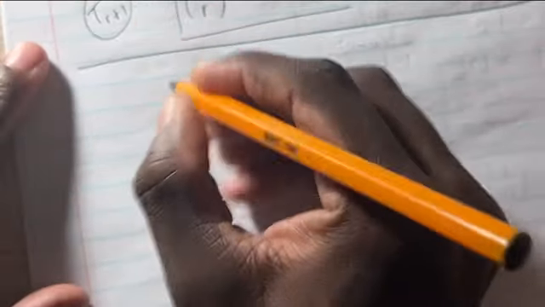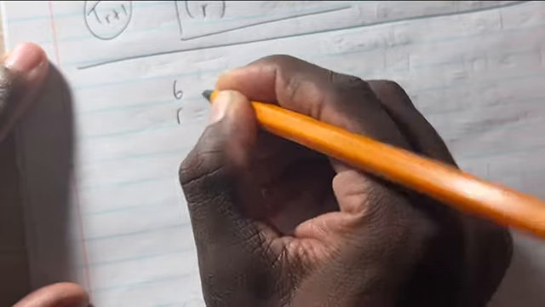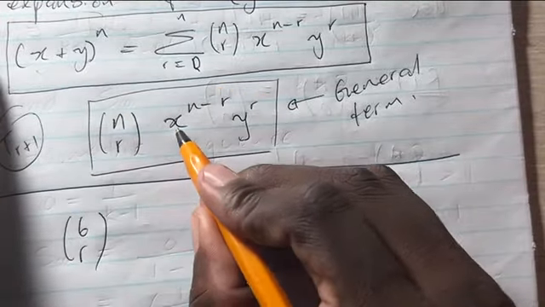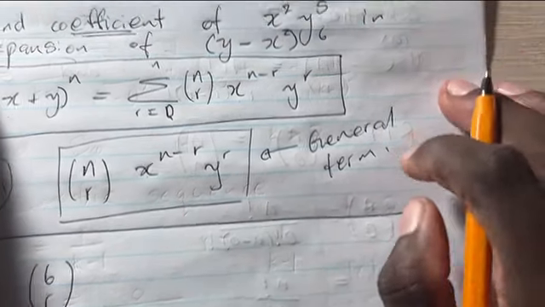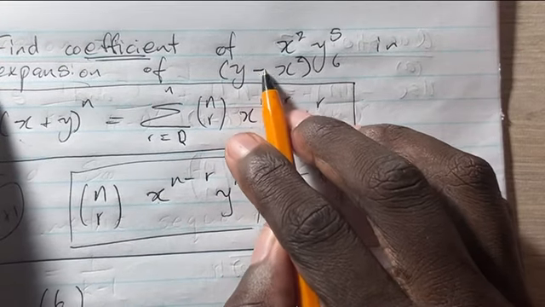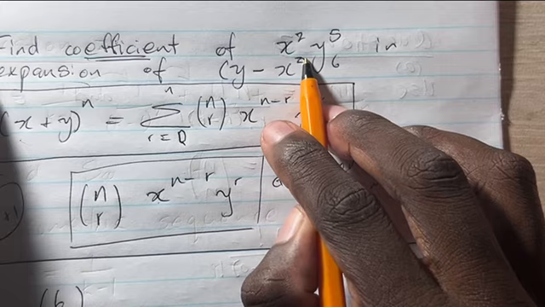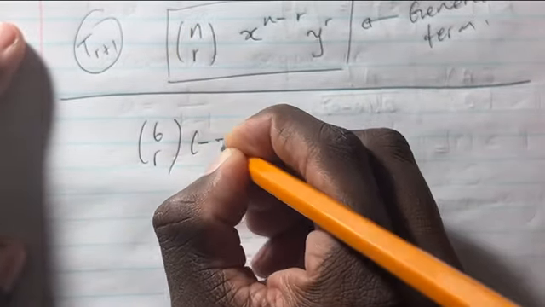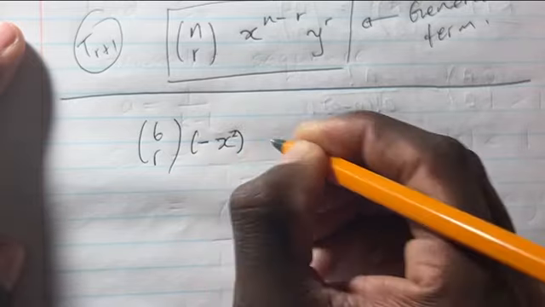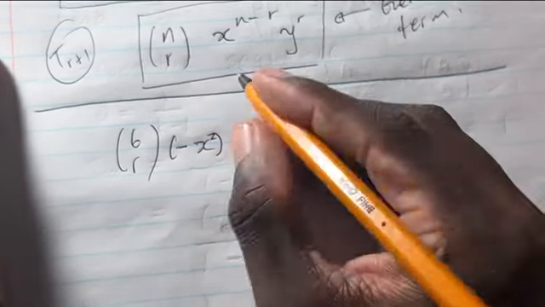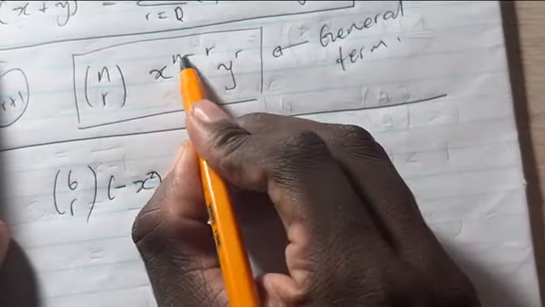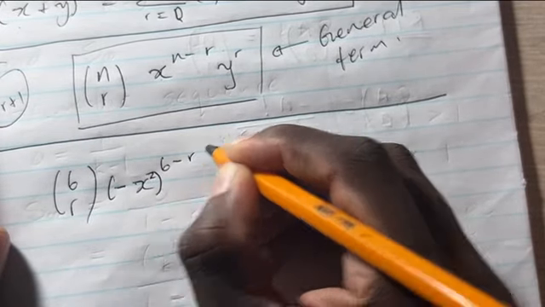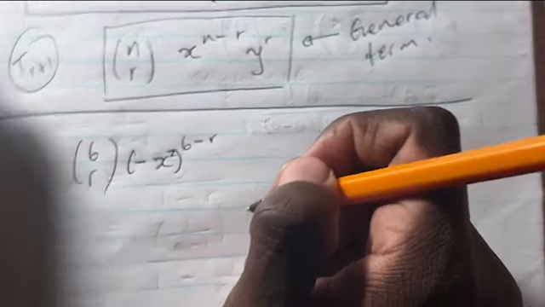So a general term for this specific question will be 6 choose R, of, let's check our x. Is it just x? No, it's actually negative x squared. So let's write that as negative x squared, all to the power of n minus r. I'm going to use 6 minus r because we already know our n is 6.